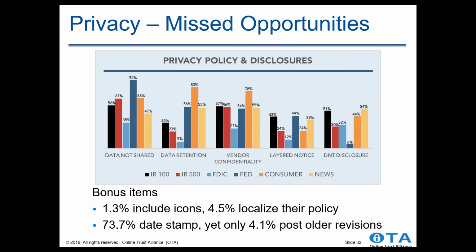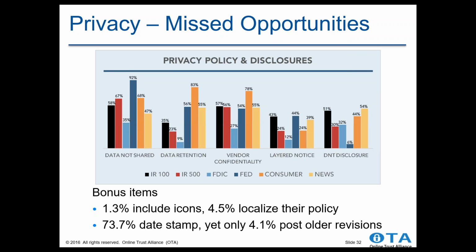So we mentioned the privacy policies, and this is where we consider there are some areas of missed opportunities. And again, we're only evaluating what the privacy policy says. We've had many conversations with companies afterwards, and they say, well, we're not doing that. And the point is, if you're not doing it, your privacy policy should disclose that.